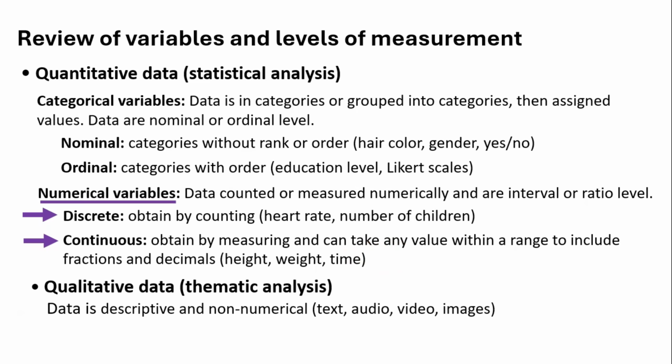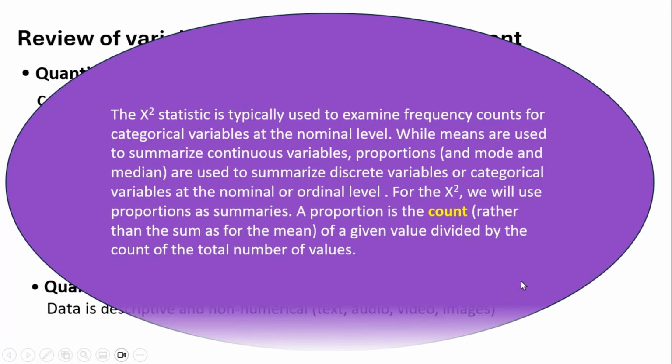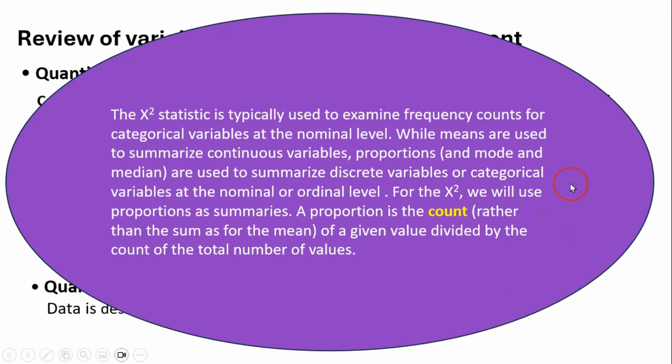And so what we're going to be doing is looking at the chi-square statistic. So the chi-square statistic is typically used to examine frequency counts for categorical variables at the nominal level.